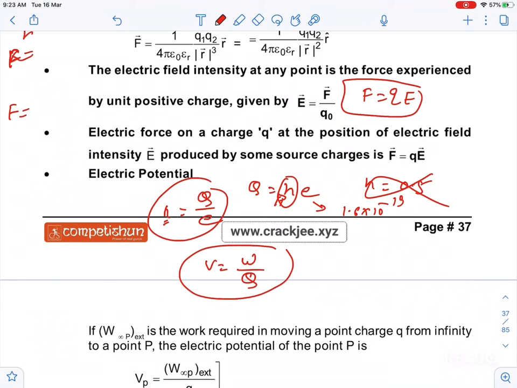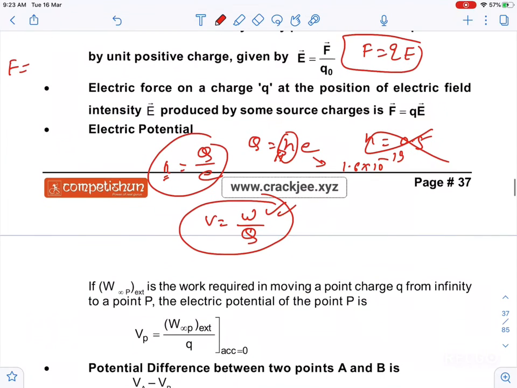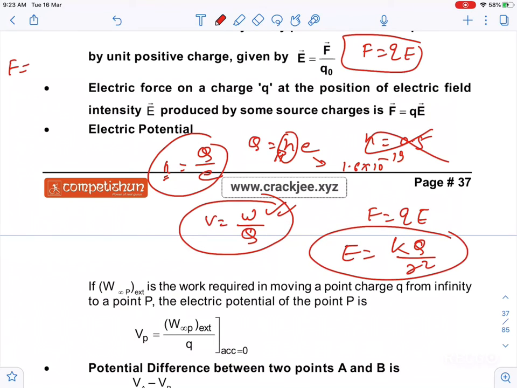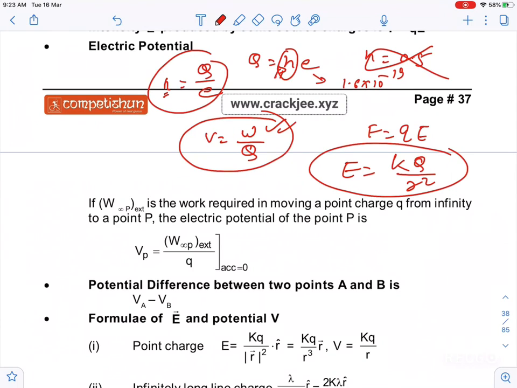Now guys, potential difference V can be written as work done per unit charge. Work done in bringing a charge from infinity to that point is the potential difference V, and the electric field force F is equal to Q into E. So that is why E can be written as KQ by R square.